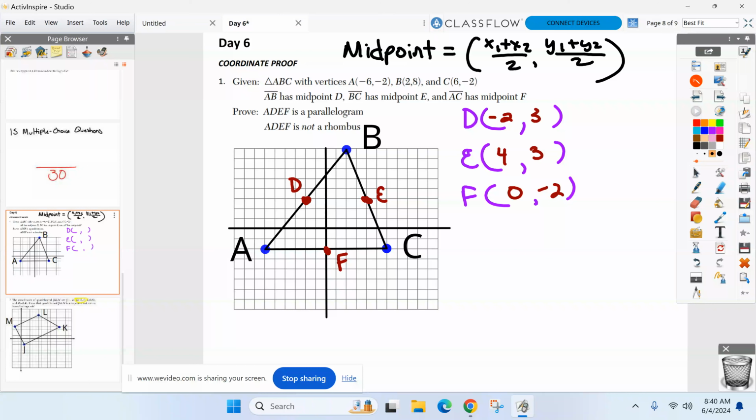And make sure we check, make sure we all have the same midpoints, they're all graphed correctly. We haven't even gotten to the proof statement yet, we're just setting this up.